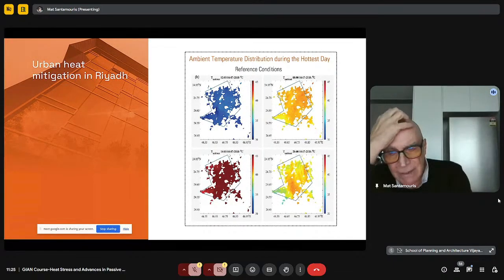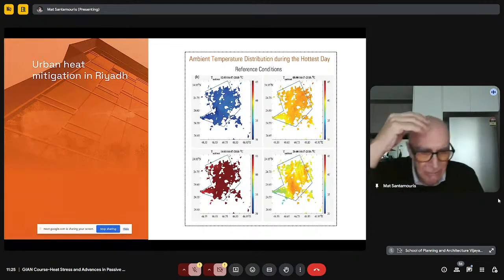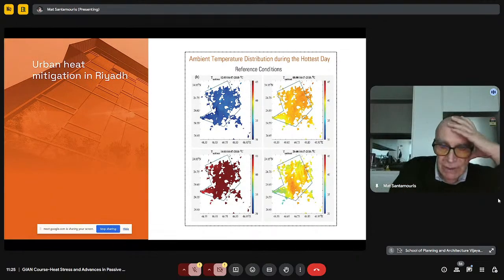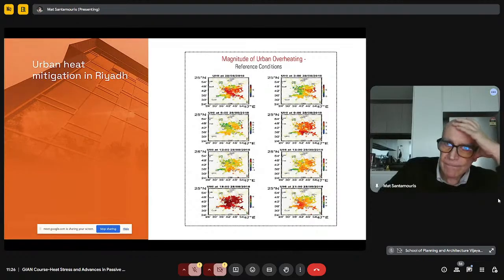And during noontime, 2 o'clock, it goes up to 45 degrees. So it is 3 to 4 degrees higher than the average. And in the afternoon, 40 degrees. So during the hottest day of the year, we have extremely high temperatures, which are completely unpleasant and create many energy and health problems.